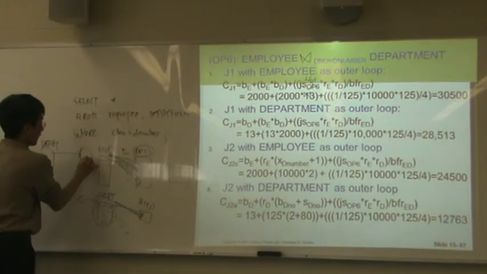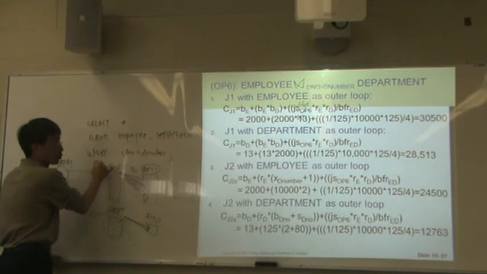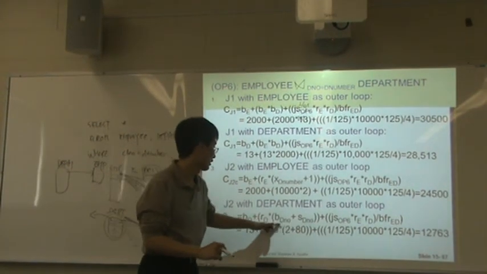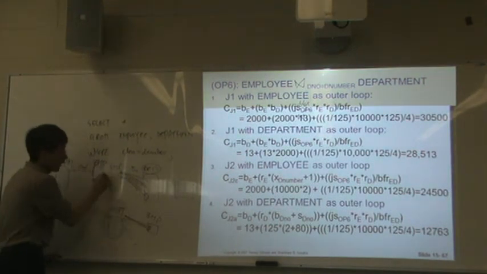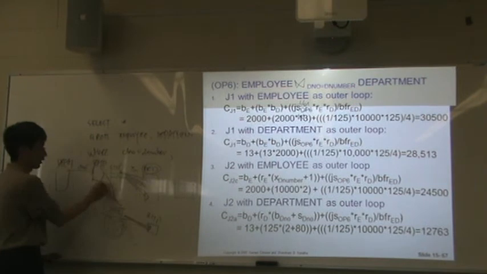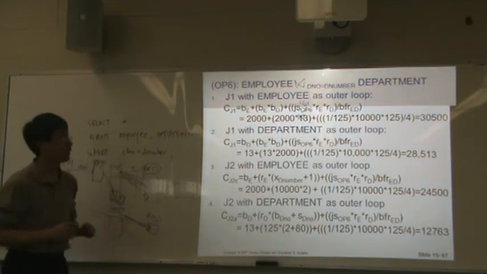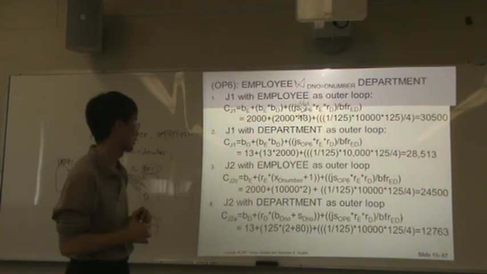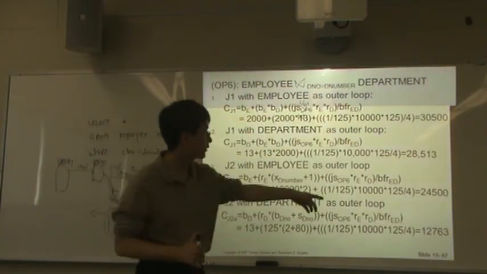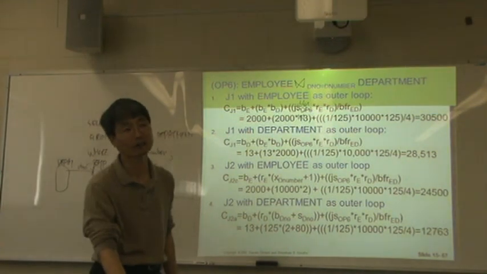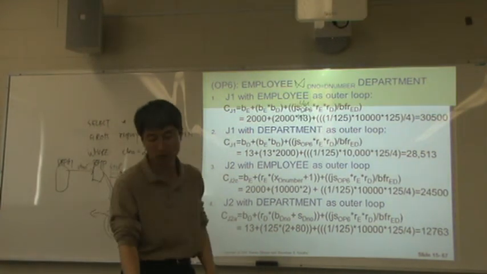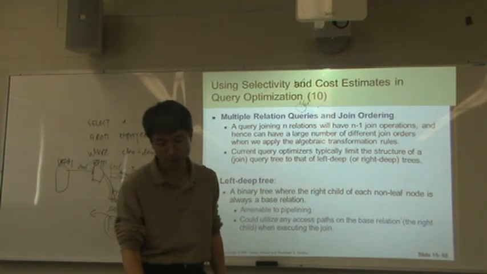Then find the employee using the index of employee, DNO index in employee. Then access the table, make the join area, a join block. That is the 12,763 cost. IOs are required. So this way will be used for optimization.